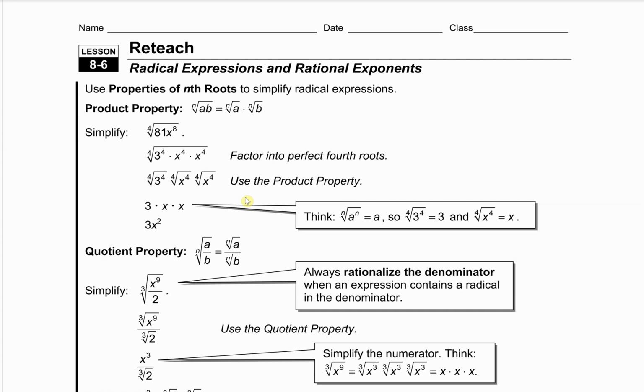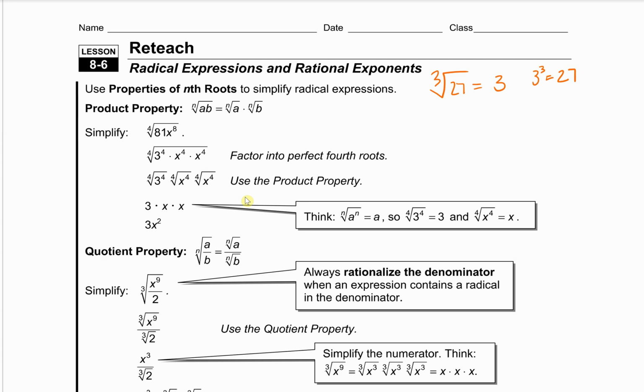You guys are probably all familiar with your perfect squares and the roots for those squares. But you can find roots of just about any number, like cube roots. The cube root of 27 is 3 because 3 cubed equals 27.